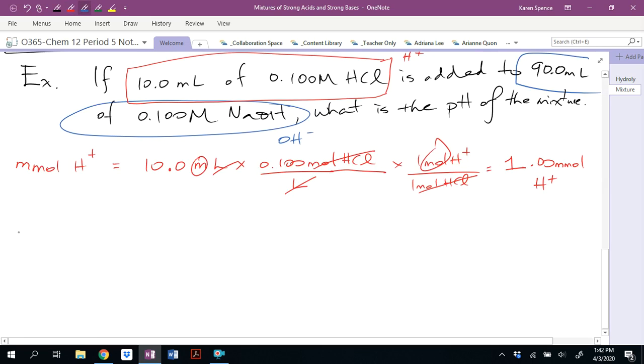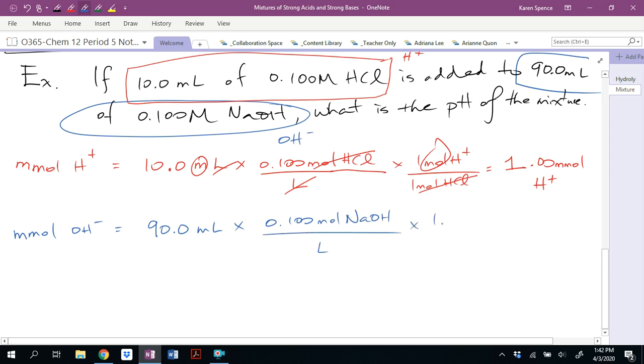Now we're going to calculate the millimoles of OH minus. Okay, so we now have not 10 milliliters, 90 milliliters, 90.0 milliliters times our concentration, 0.100 moles of NaOH per liter.